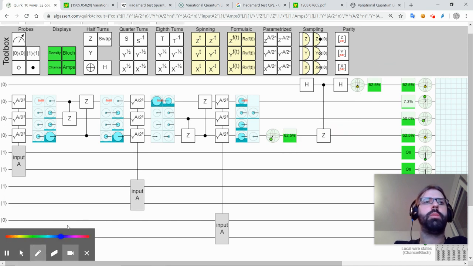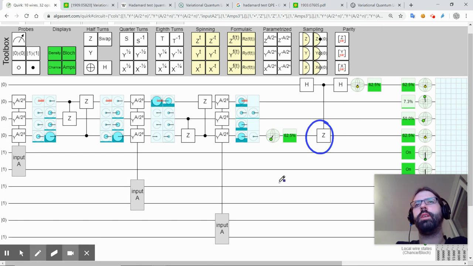Like if you do a Hadamard test with a single Z gate, are you just, not cloning, but kind of cloning the, because basically what you're saying is, whatever state you're in, right? Let's assume you're in the plus state.